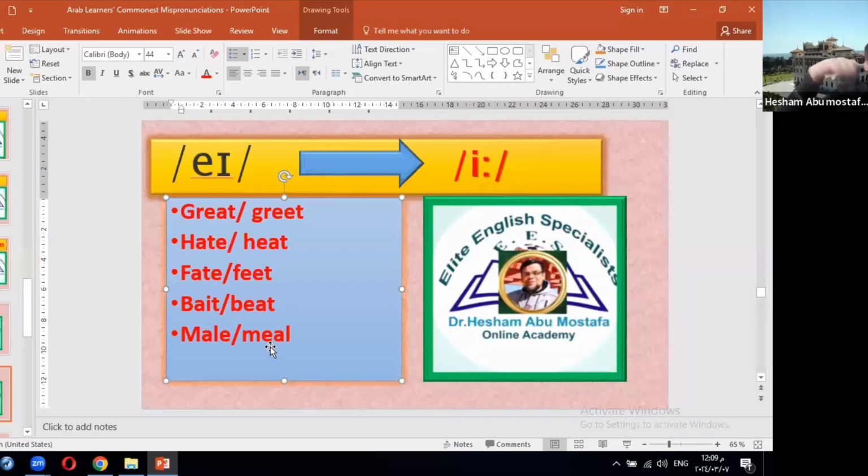Yes, ask them to listen first and then to pronounce the minimal pairs. Okay. To listen to minimal pairs and to pronounce minimal pairs.